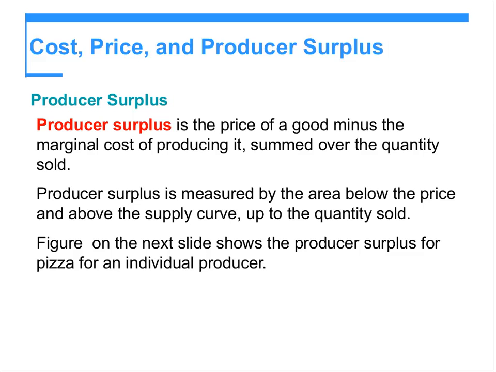Again, on the next slide, we will see it better and in more detail. The producer surplus is measured by the area below the price and above the supply curve, up to the quantity sold. The figure on the next slide shows the producer surplus for pizza for an individual producer.